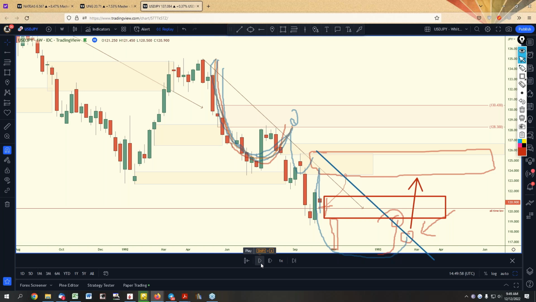Remember how we said for this to have been better, we would have needed a basing candle and then a momentum move to the downside to create supply, so that supply would be in proper proportional dimensions with the descending trend line. Remember we said that? Just from talking it through.